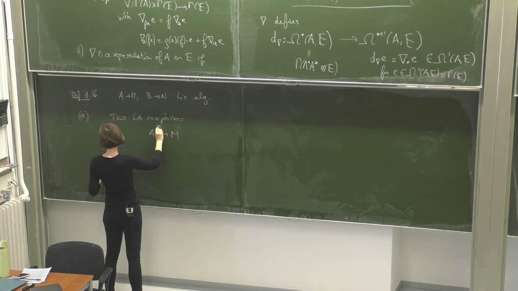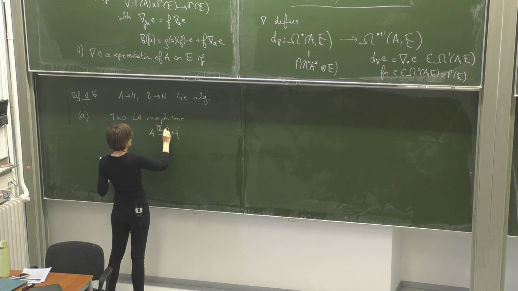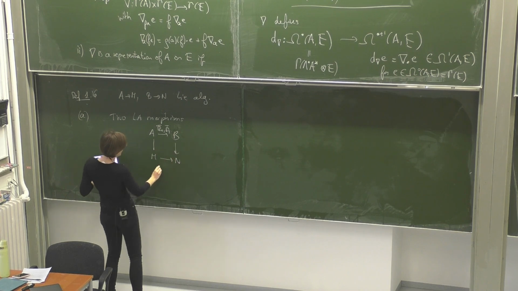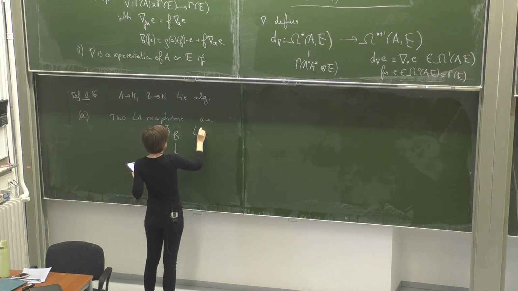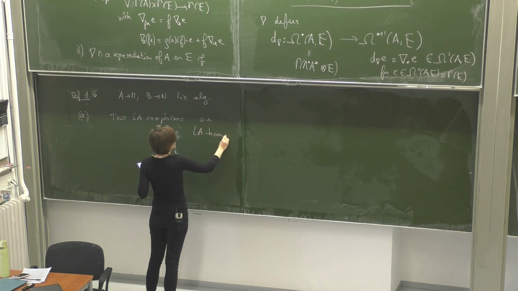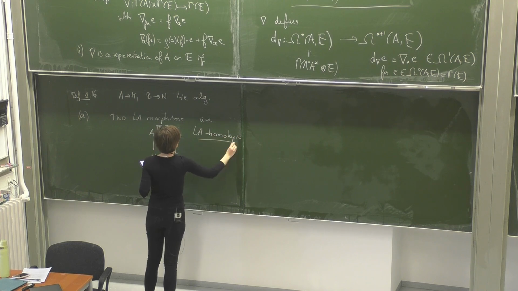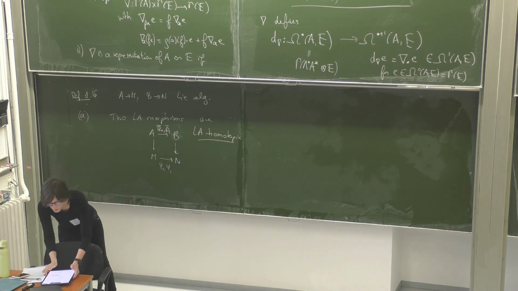So phi 0 and phi 1, A to B, over phi 0, phi 1. They are LA homotopic. So LA, of course, stands for the algebroid homotopic.